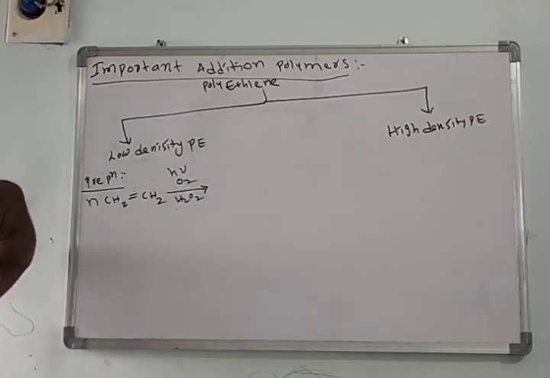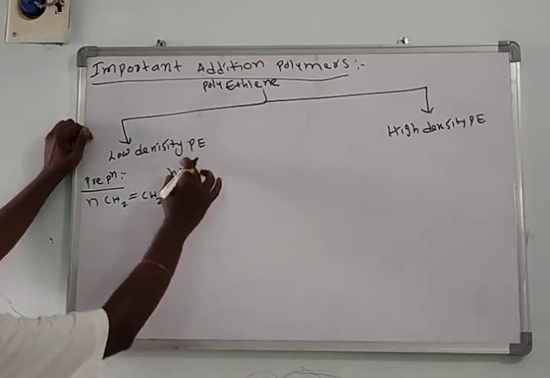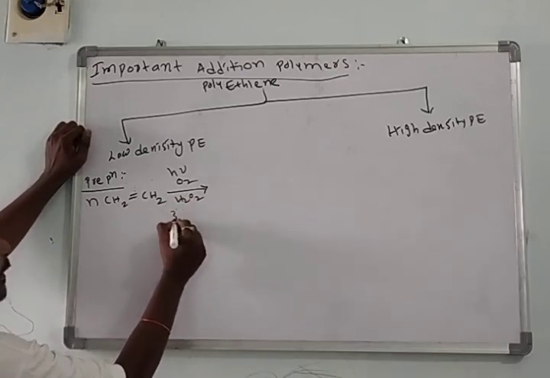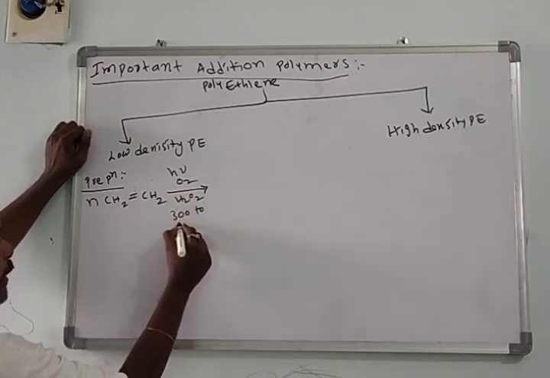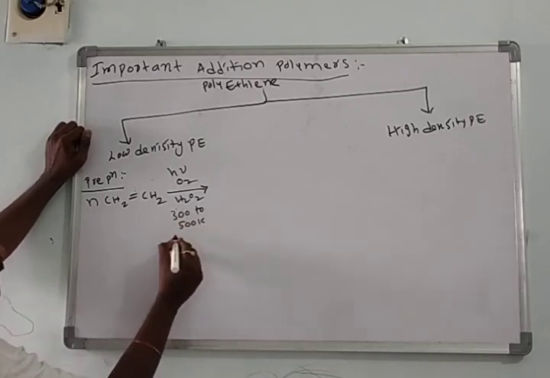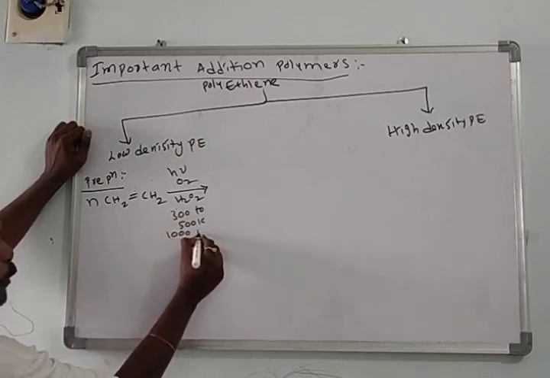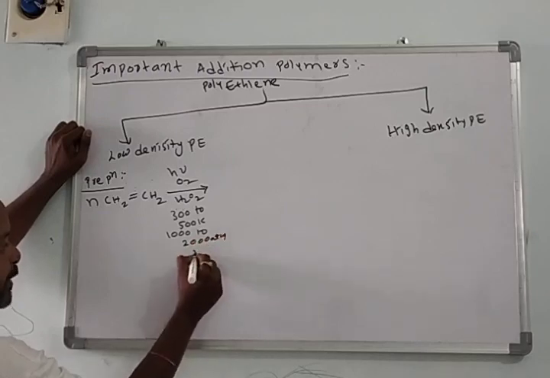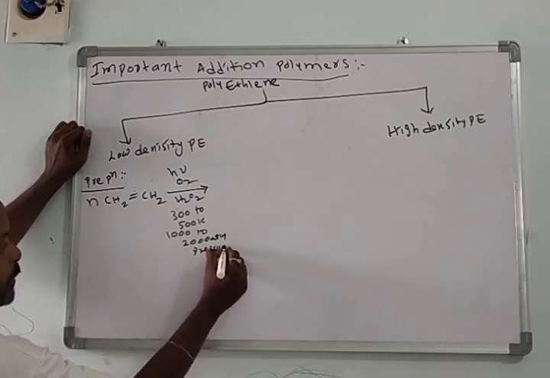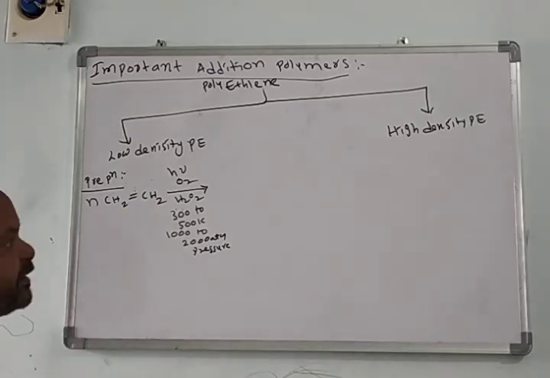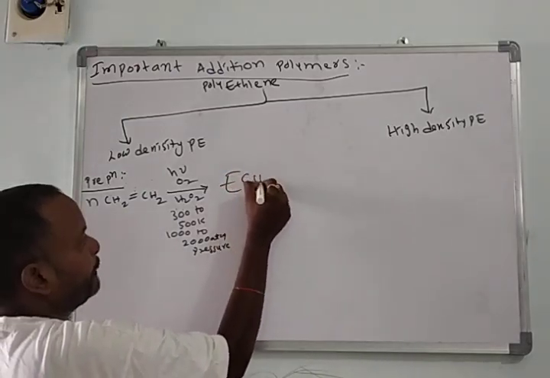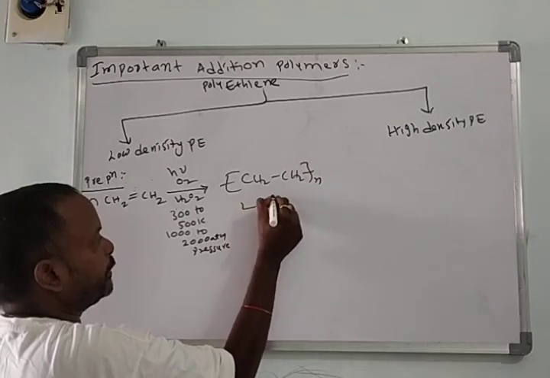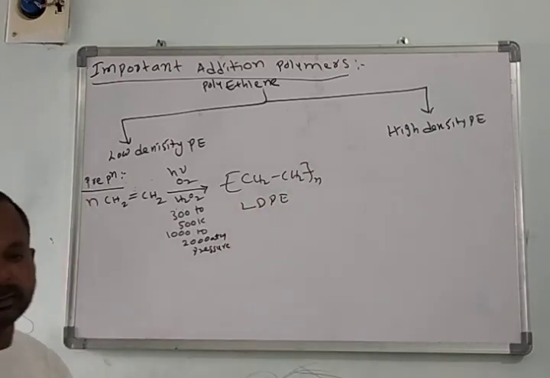Here we use nearly 300 to 500 Kelvin temperature and 1000 to 2000 atmosphere pressure. Here we'll get low density polyethylene.